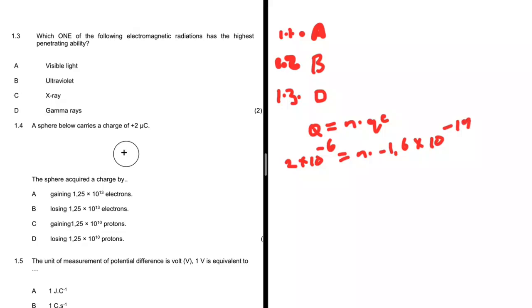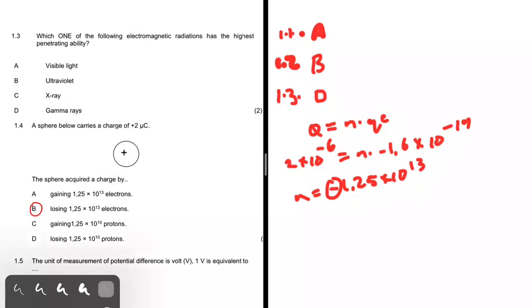So we're going to have 2 times 10 to the minus 6 divided by 1.6 times 10 to the minus 19, and that is giving me, well, minus 1.25 times 10 to the power 13. But we're talking about the number of electrons. We cannot have a negative number of items, so we can just negate that minus sign. So which option corresponds with 1.25 times 10 to the power 13? That is option B. So there we go. We have the answer to 1.4.